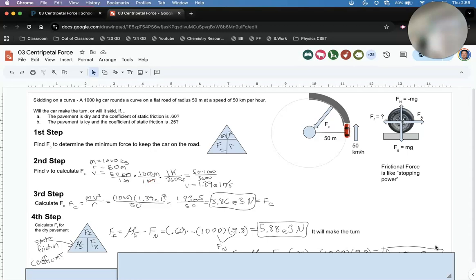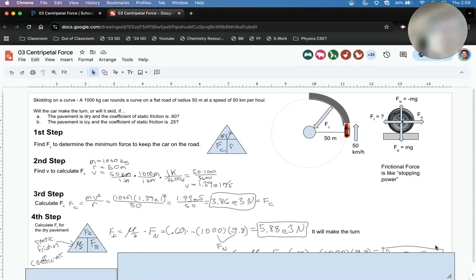As long as we have a higher frictional force than our centripetal force, then the car will stay on the track. Think of centripetal force as a string. If you take a yo-yo and you spin it around your head, if that string is strong, the yo-yo will stay on. If the string is weak, then the yo-yo will fly away from you in a straight line. Same thing with the car.